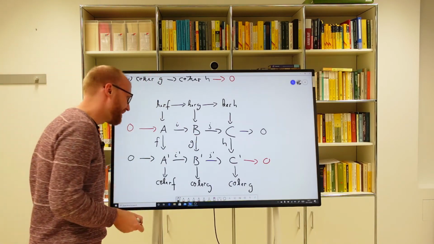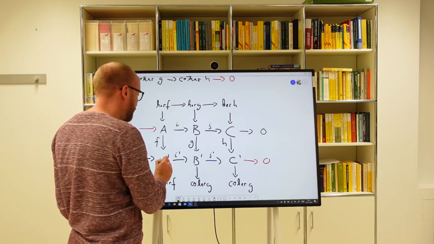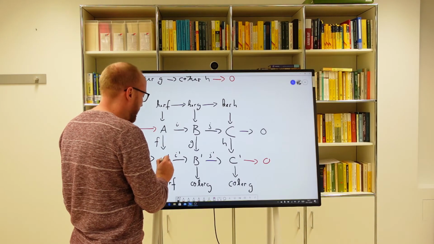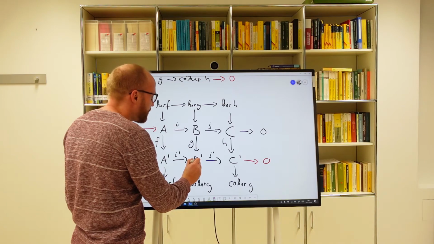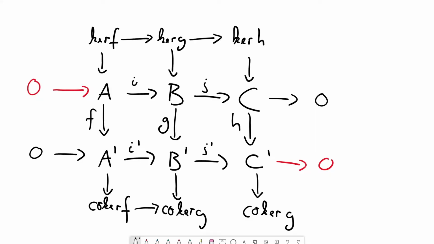Okay, so that was maybe hard to formulate, but it precisely meant that if I start with an element in the image of F, I end up at an element in the image of G. And that means I've got an induced morphism down here.